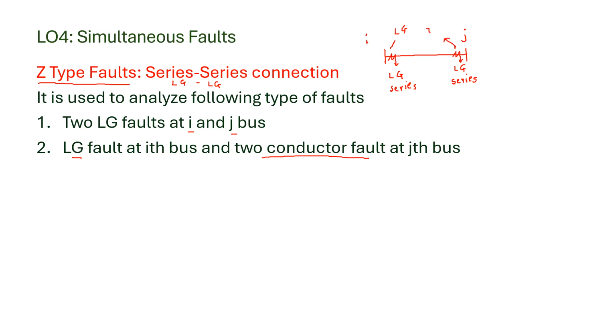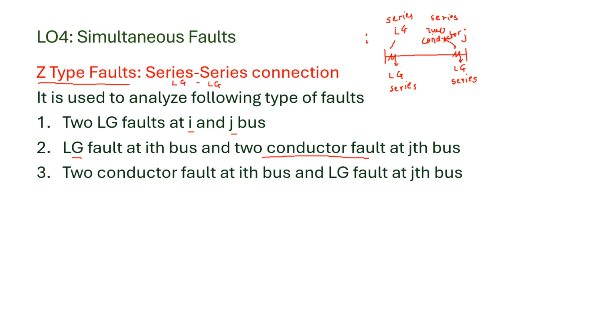You have a two conductor fault. So you can see that at ith bus you have an LG fault, at jth bus you have a two conductor. But for LG, we know that the connection is series, and for two conductor the connection is also series. So it is still series. So it is called a Z type of fault.